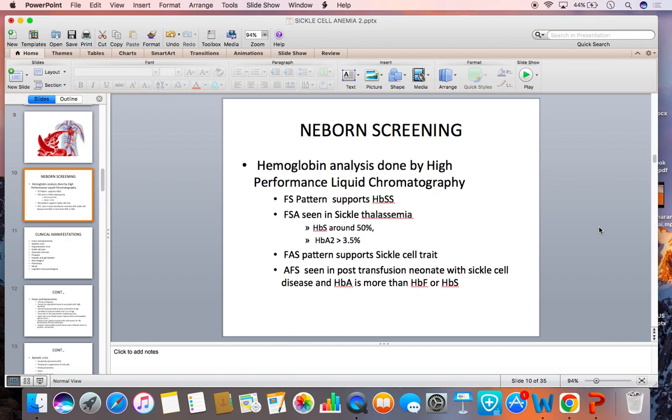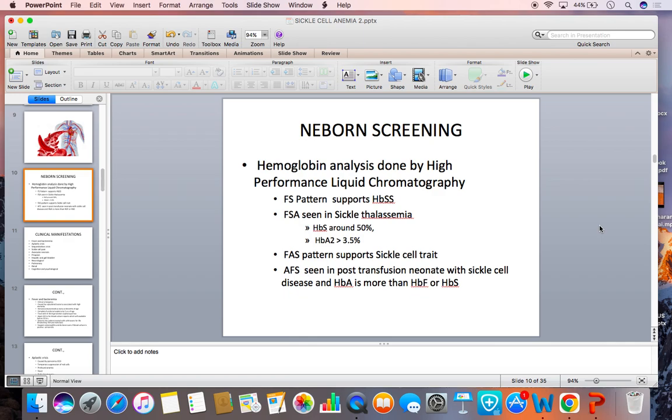FAS pattern supports sickle cell trait, that is fetal hemoglobin, adult hemoglobin, and sickle hemoglobin. AFS pattern is seen in post-transfusion neonates because the adult hemoglobin is higher than the HbF and HbS.